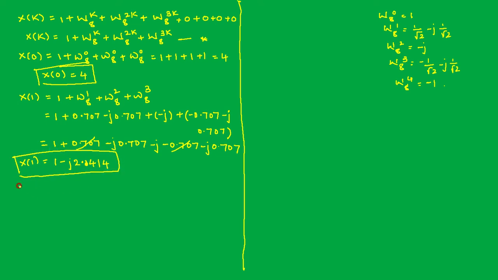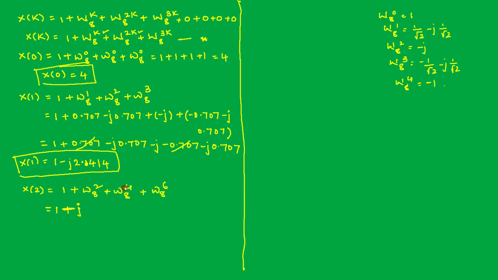So next, substitute k is equal to 2 for x of 2. Now x of 2 is equal to 1 plus w8 2. So here k is equal to 2, and 2 into 2 is 4, so it is w8 4 plus w8 6. So now 1 plus w8 raised to 2 is how much? w8 2 is minus j, so here I will write minus j.